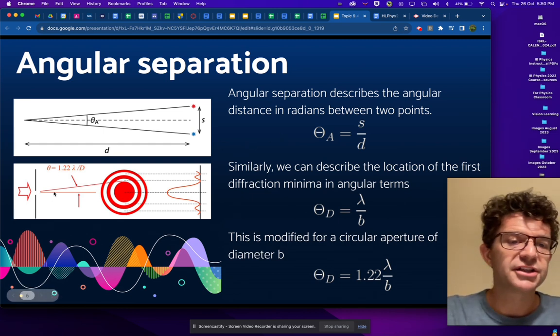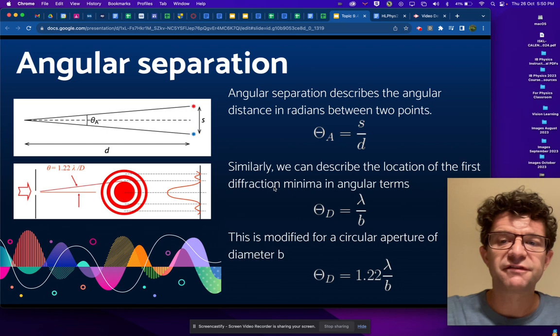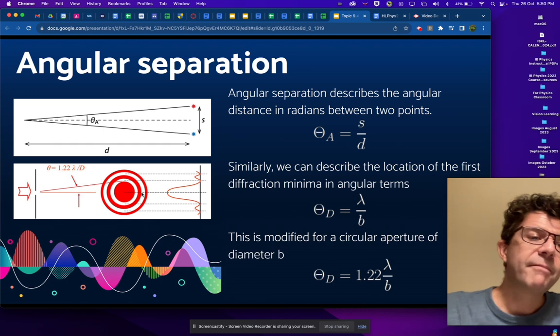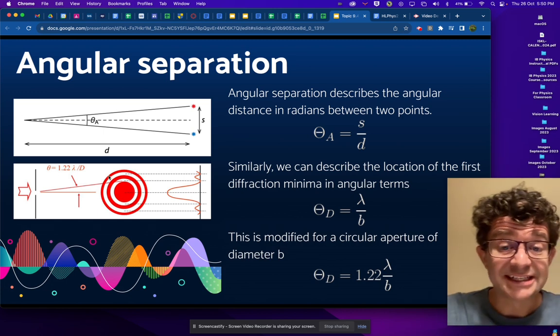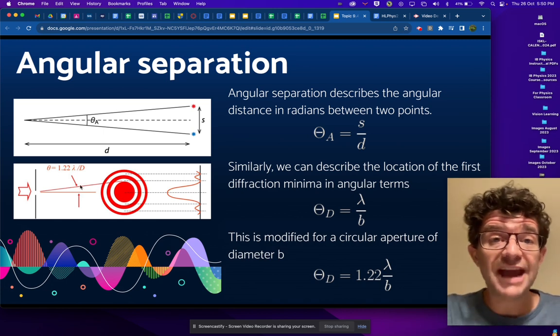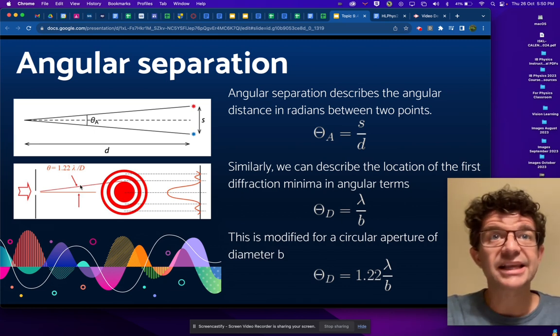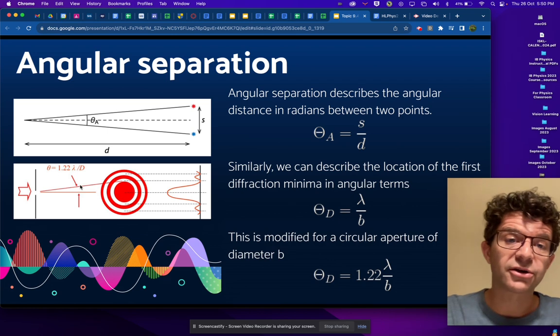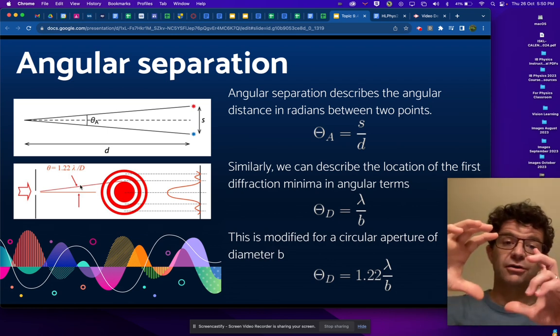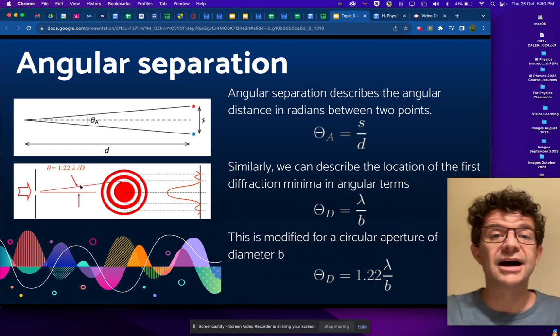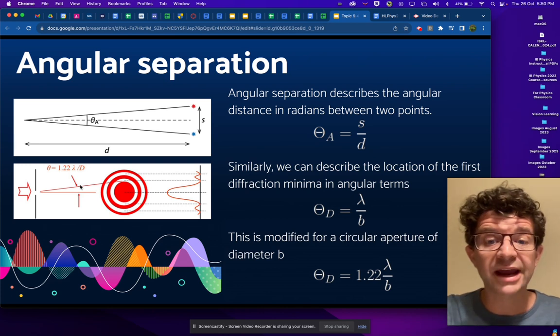Similarly, if we look at a diffraction pattern, we can define the angular location or the angle of diffraction, which we've done before. Angle of diffraction is lambda over b. This is where we get into a little bit of a detail. Most of the apertures that we care about with imaging are not slits. They are circular apertures: your eye, telescope, mirror, camera, pinhole camera.